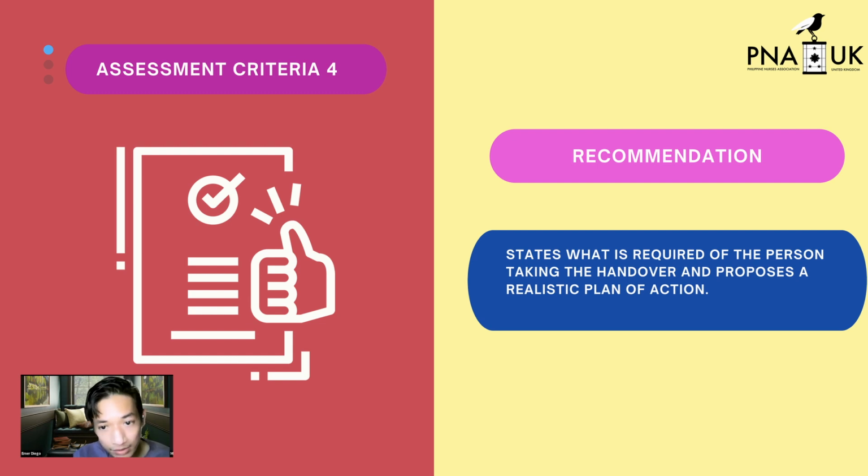And lastly, for your recommendation, of course, you talk about your recommendation in terms of your patient. Probably the recommendation for a depressed patient is to continue doing the PHQ-9 regularly and see if the patient's score is improving or not. What else? Probably you could reinforce the knowledge in terms of medication compliance.